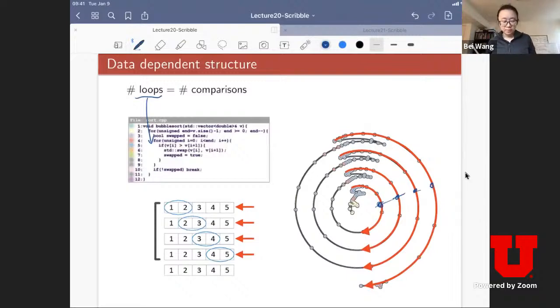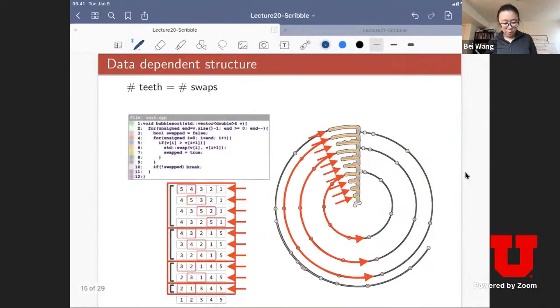Okay, now the next thing is, what if I have an inversely sorted structure? In the inversely sorted case, each time I do a comparison, I also have to do a swap. So each of those red boxes corresponds to both a comparison and a swap, right?